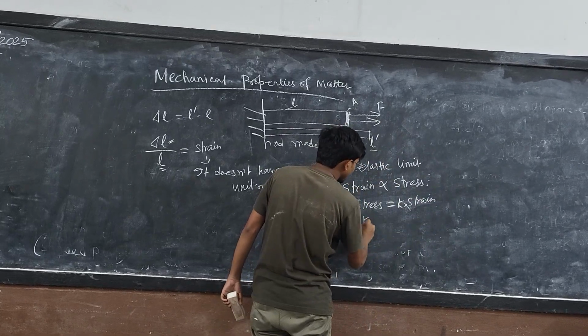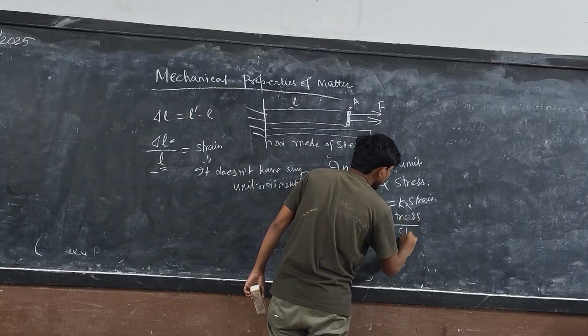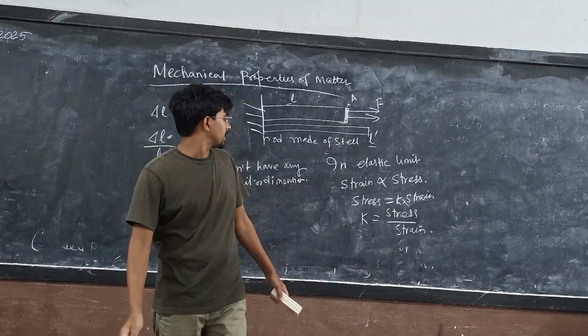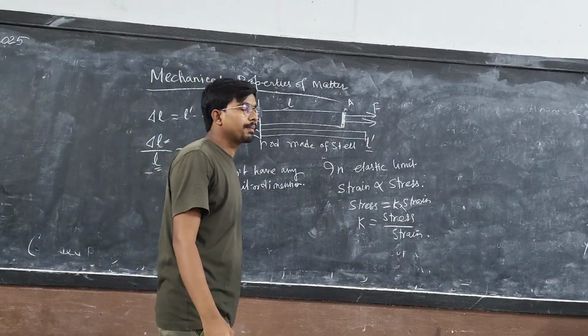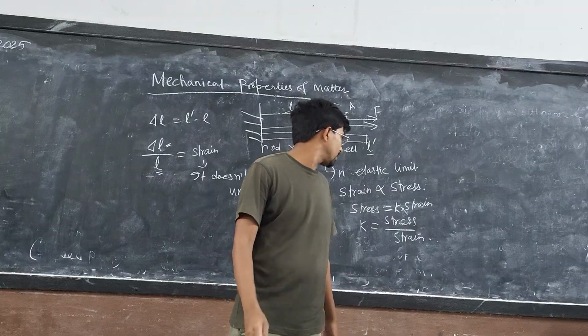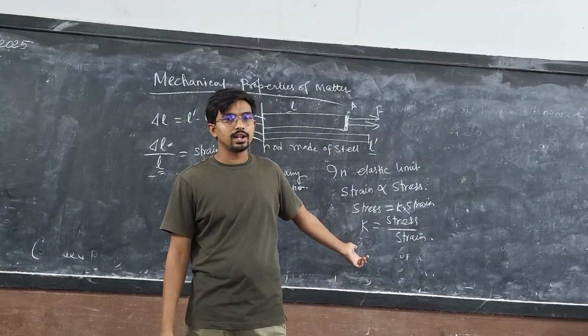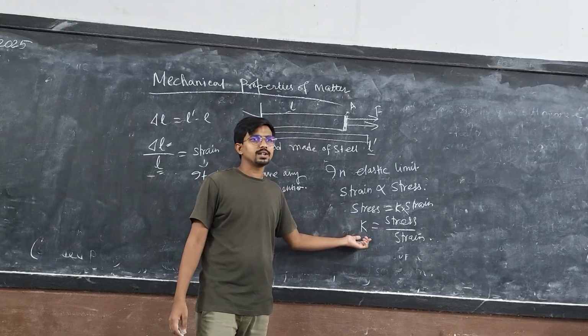Here you can write K equals stress by strain. Here K is the constant of proportionality, which in the elasticity chapter, or in mechanical properties of matter, you will call the modulus of elasticity.